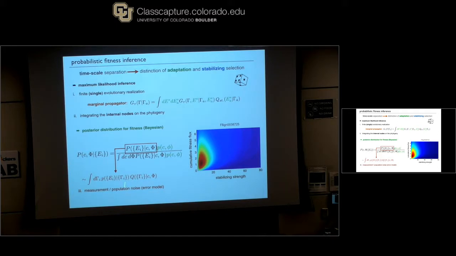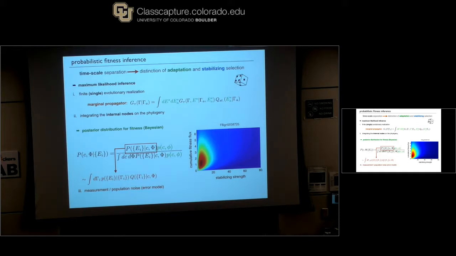So this is an example of one of the genes, and the posterior distribution of fitness flux and stabilizing selection. Oh well, this is lacking a sidebar. Red ones are high. So the rule of the game is basically we can do these curves for every single gene.